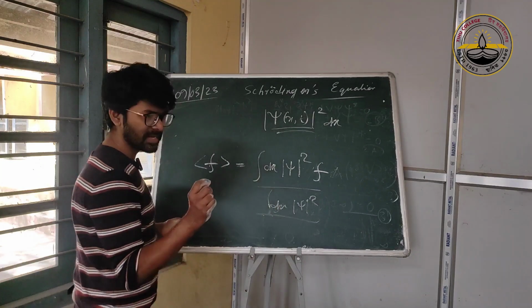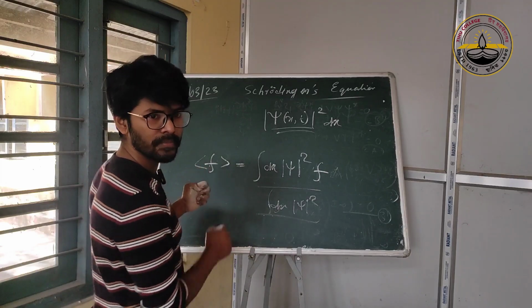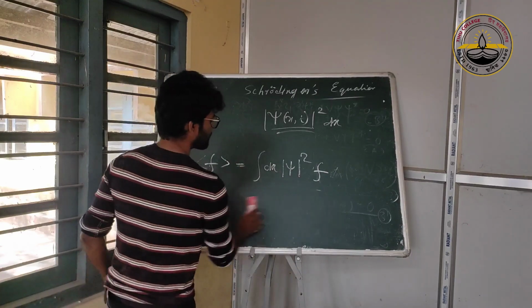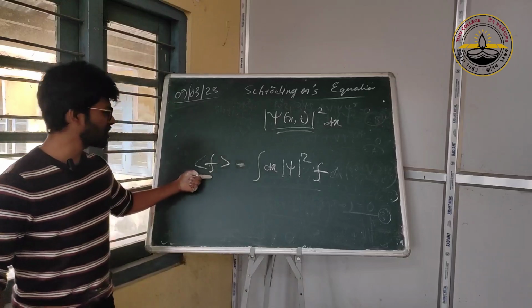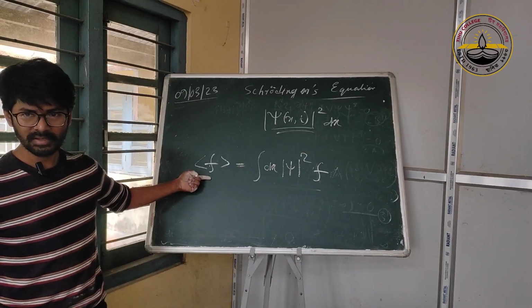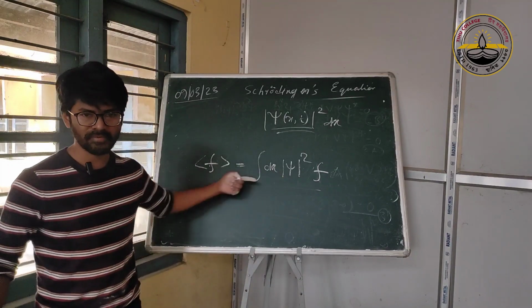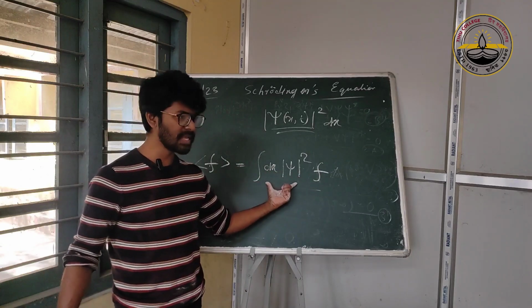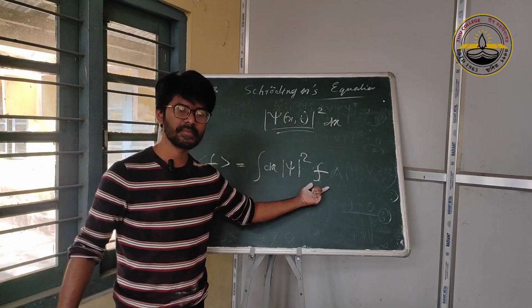We'll do a small exercise, then you will really know what we mean. But what I'm saying is, expectation value of anything is given by this. If you remember from thermodynamics, if you have a probability density, that's it.